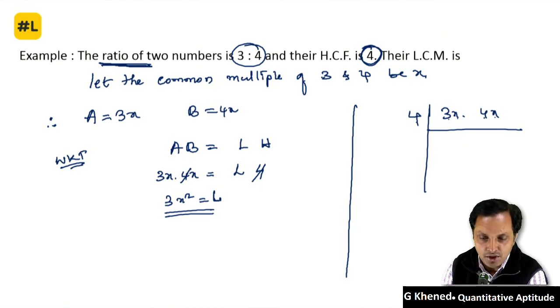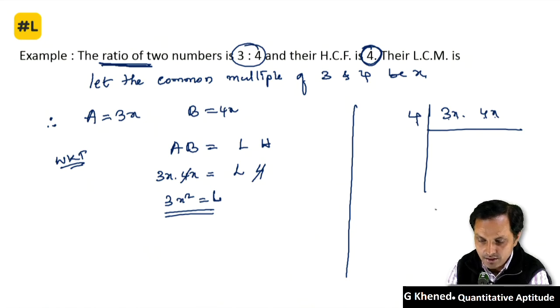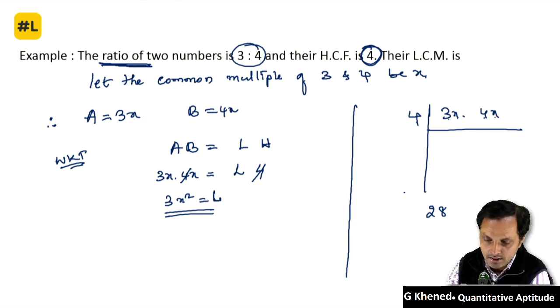So let us cross verify. If you take 4x plus 3x is 28, and I will take the numbers as 12 and 16.